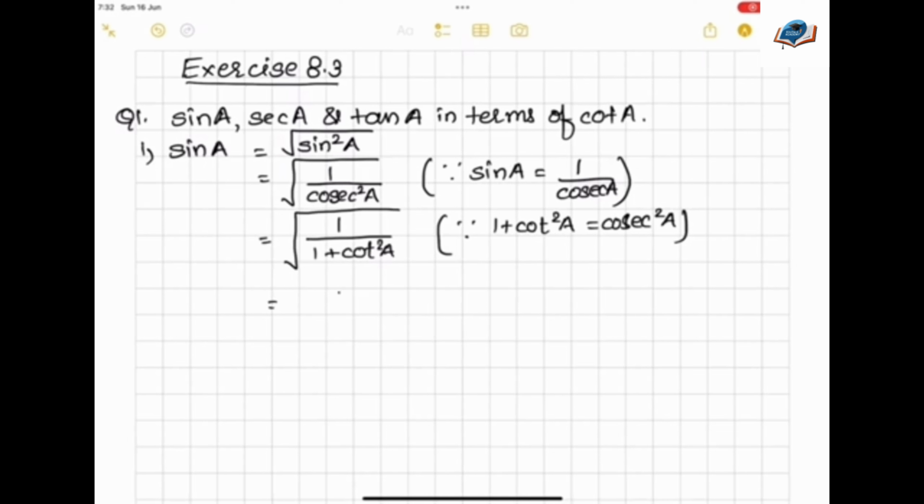So that will be 1 upon root of 1 plus cot square A.